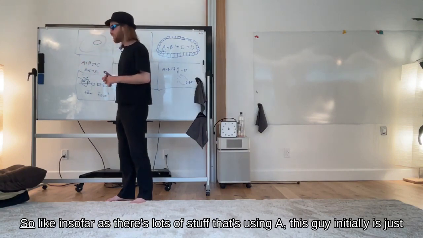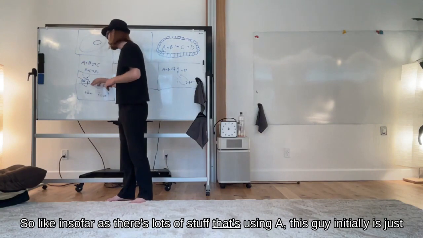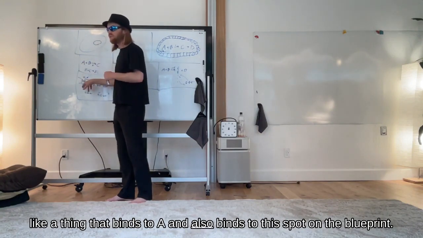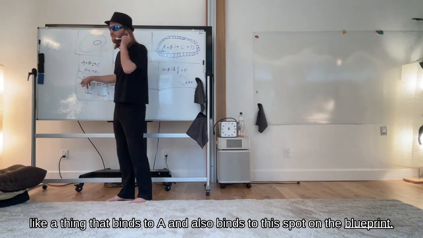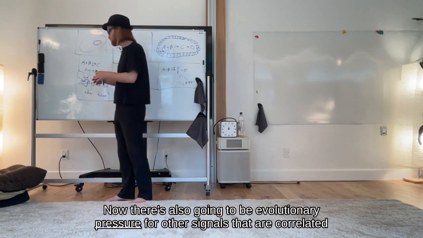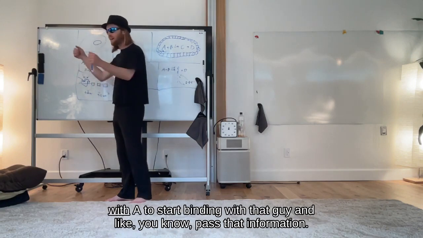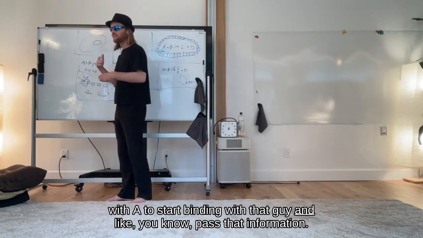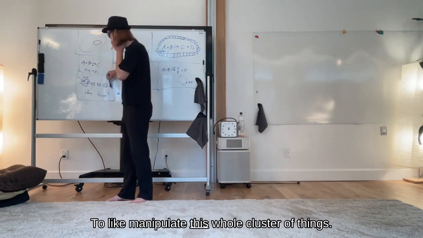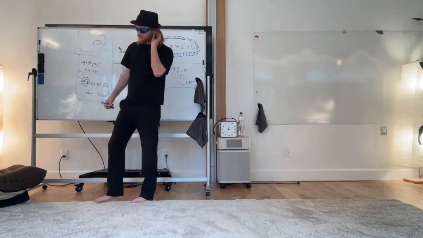Insofar as there's lots of stuff that's using A, this guy initially is just a thing that binds to A and also binds to this spot on the blueprint. Now there's also going to be evolutionary pressure for other signals that are correlated with A to start binding with that guy and pass that information, to manipulate this whole cluster of things.